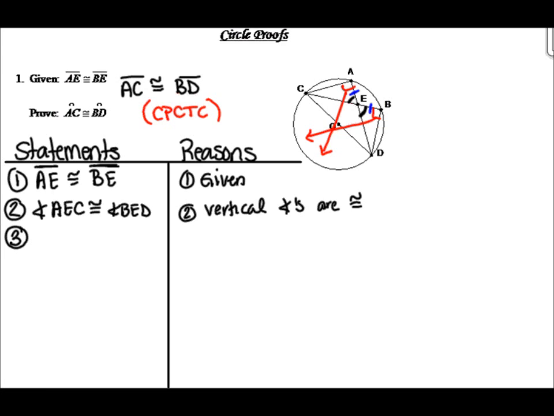So I'm going to say angle CAD and angle DBC are right angles.